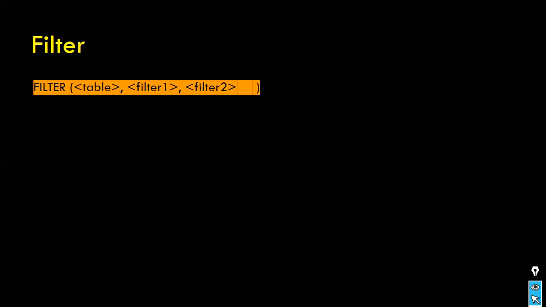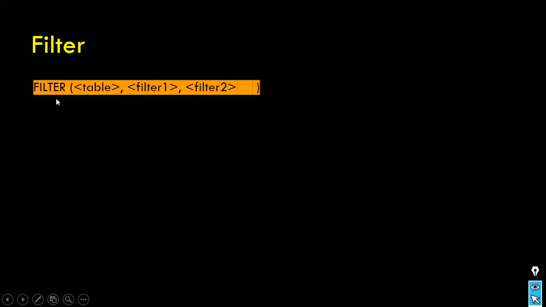Those iterator functions will iterate each and every row in your data set. But the filter function is also an iterator function, and also it is a table function. Here, this one does not end with X. Since FILTER doesn't end with X, that doesn't mean it is not an iterator function.